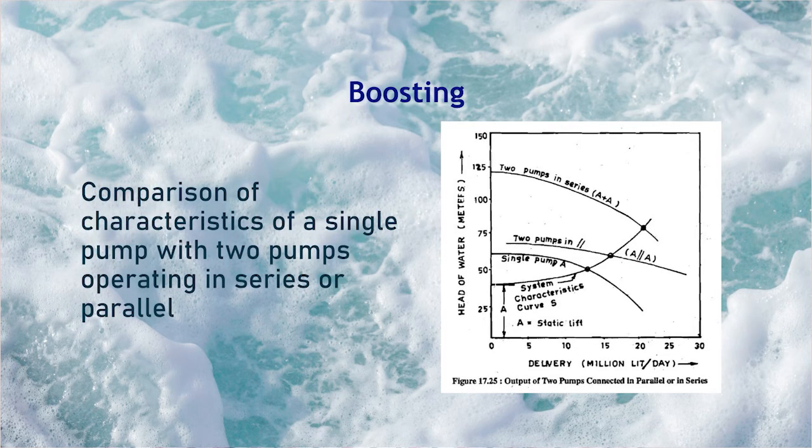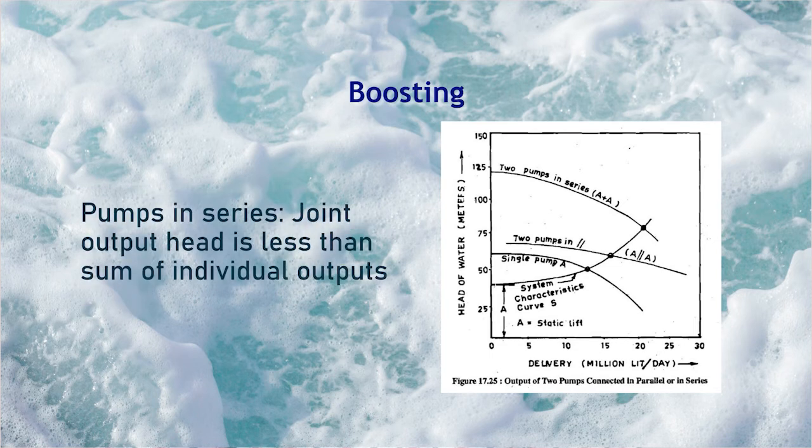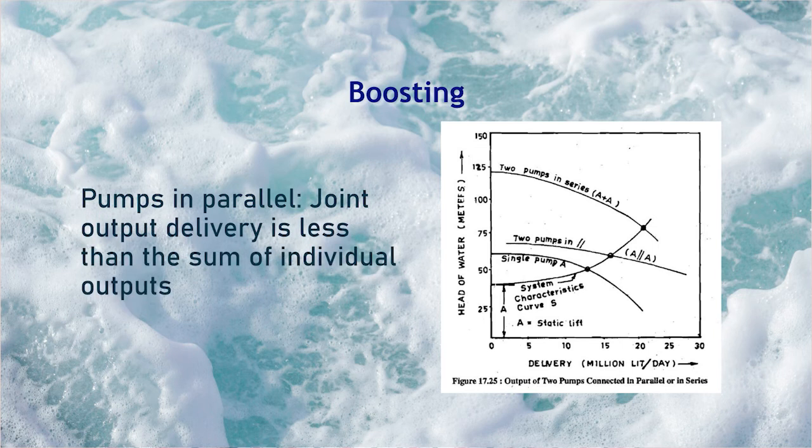When comparing a single pump with two pumps operating in series or parallel, we notice a few key aspects. For example, when pumps are operating in series, the joint output head is less than the sum of individual outputs. Similarly, when pumps are operating in parallel configuration, the joint output delivery is less than the sum of individual outputs, which means in real life, even if we connect two pumps in series or two pumps in parallel, we do not expect the flow to exactly double or the pressure to exactly double.